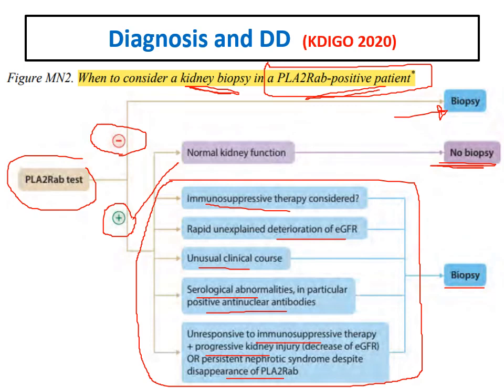If we need immunosuppression, if there is deterioration of the GFR, unusual presentation, unusual serology, and unresponsive patients despite disappearance of phospholipase A2 receptor antibodies, then in these situations we should ask for a renal biopsy.